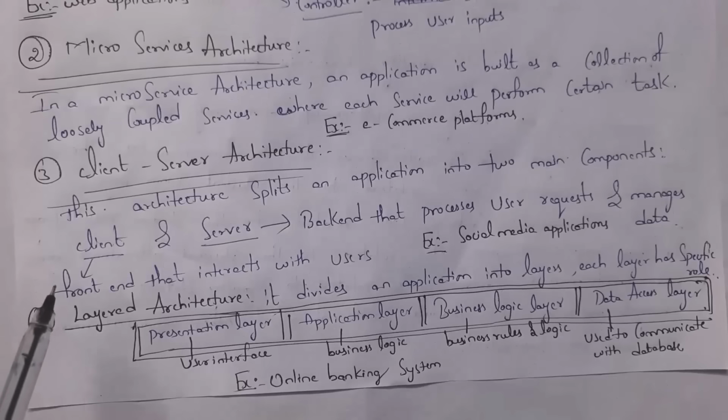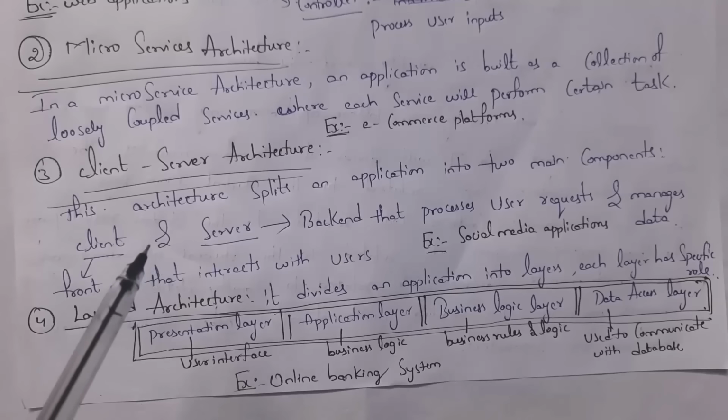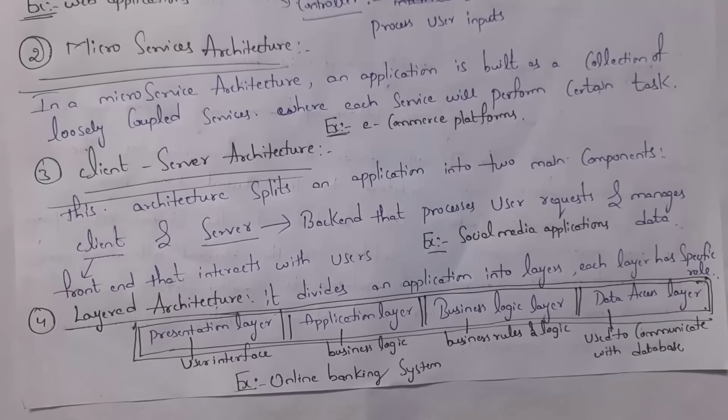Client server architecture is divided into 2 main components, the client and the server. So client server architecture is an example of separation of concerns. Social media applications are examples of client server architecture, and the last one is layered architecture. Separation of concerns is implemented in layered architecture because it divides the application into various layers like presentation layer, application layer, business logic layer, and data access layer.